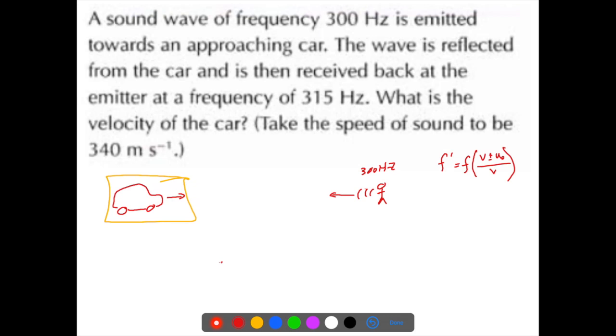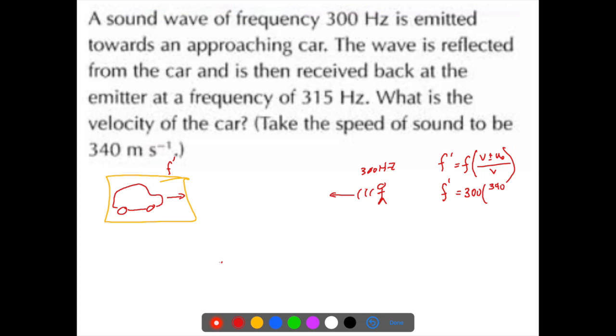So I can put most of these numbers in already. I know I'm looking for this right here. F prime is the frequency being observed by the car. The car is the observer right now. I don't know that, but I do know the original frequency was 300. I know the speed of the sound is given to me as 340.